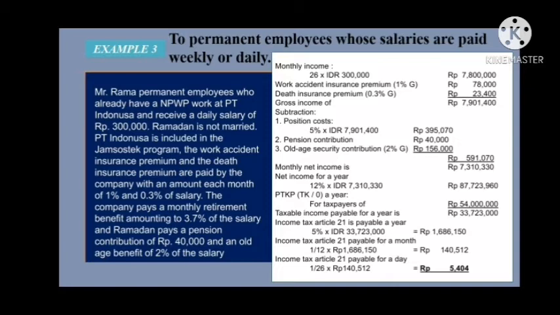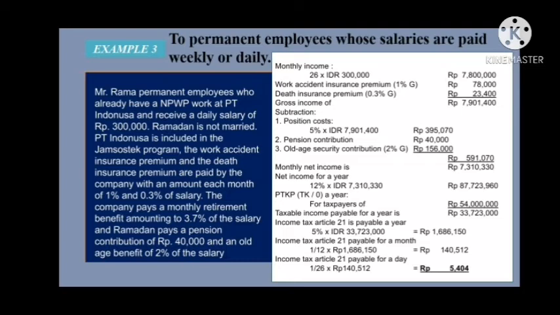Mr. Rama, a permanent employee who already has an NPWP, works at PT Indonesia and receives a daily salary of 300,000 rupiah. Ramadan is not married. PT Indonesia is included in the Jamsostek program. The work accident insurance premium and the death insurance premium are paid by the company each month with an amount of 1% and 0.3% of salary.